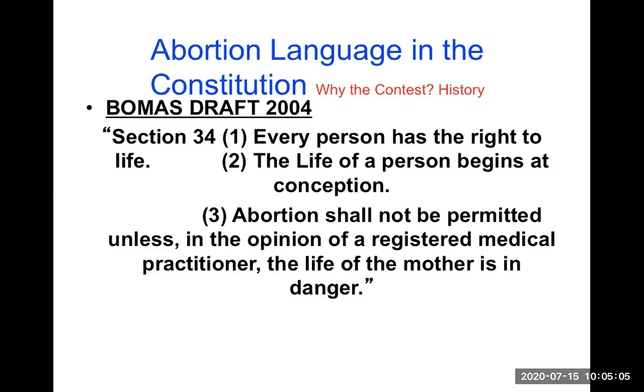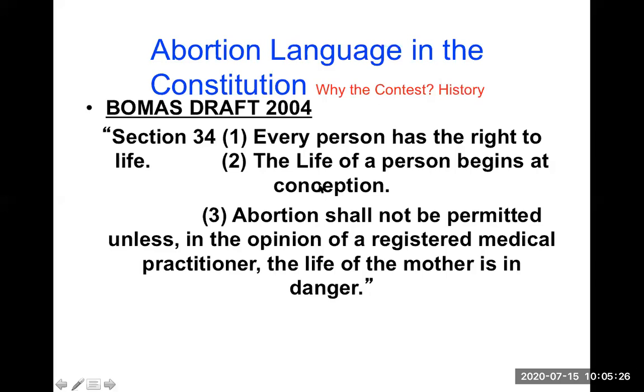The life of a person begins at conception. So the drafters of the Kenyan Constitution inserted this provision. Very few constitutions across the globe insert this provision that the life of a person begins at conception.